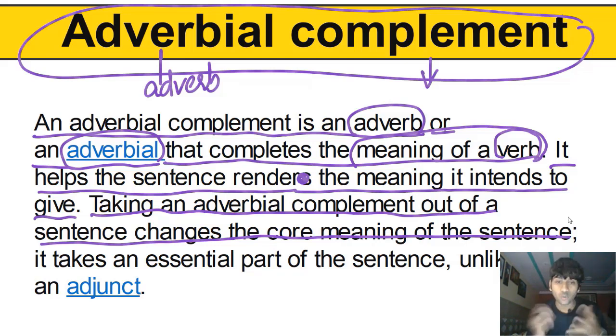The core meaning of the sentence will change. It will not be the same sentence anymore. That is why it is essential to the meaning of the sentence, essential to the meaning of the verb, essential to the meaning the writer or the speaker wants to render. So taking an adverbial complement out of a sentence changes the core meaning of the sentence.